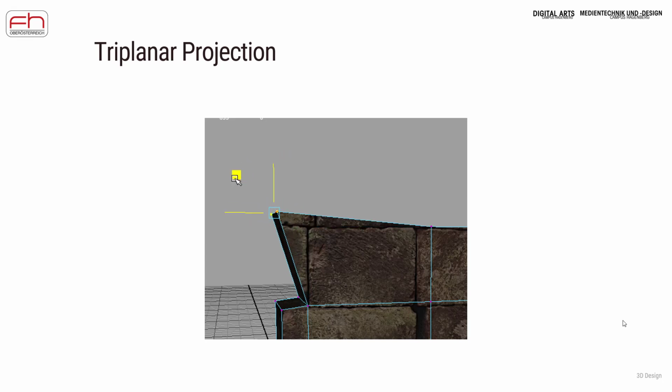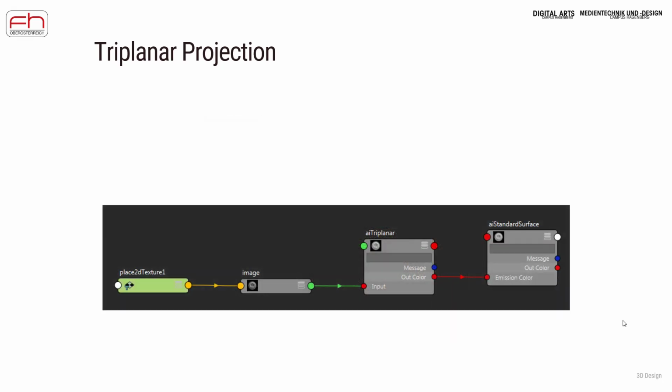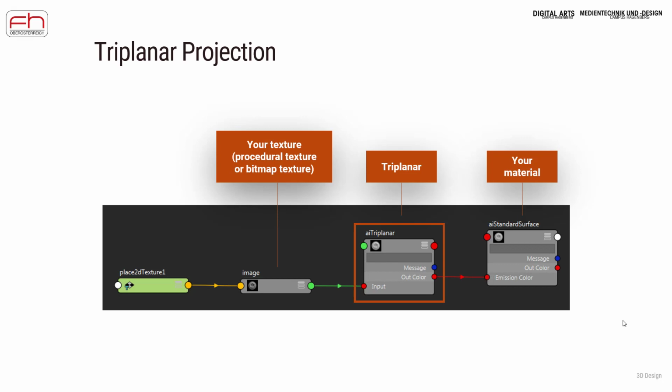Okay, so this is one of the many approaches. This is not the only approach. Okay, how does this thing work? So basically you have your material and you have this AI triplanar shader, and this shader should be put between your material and your texture. Your texture could be a procedural texture, could be a bitmap texture, doesn't matter.